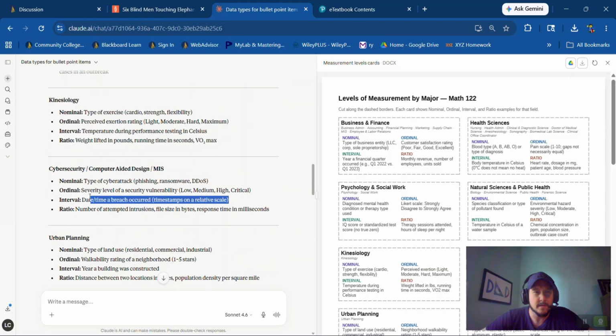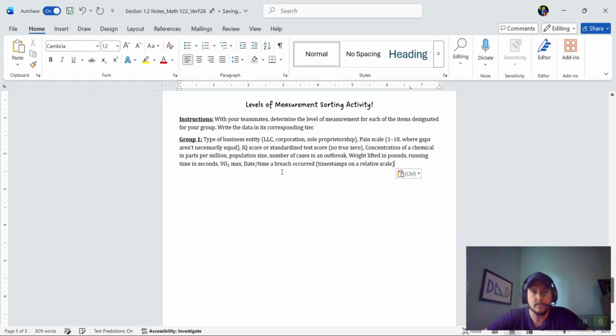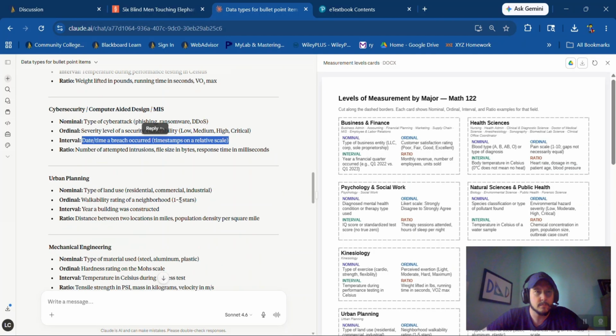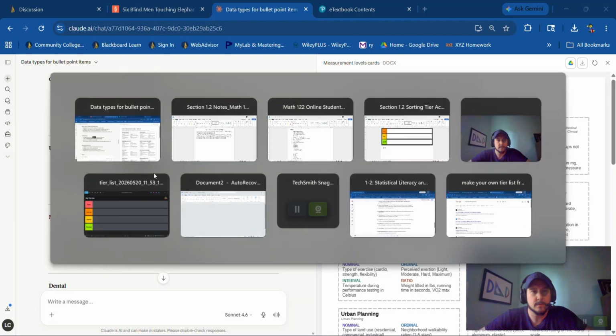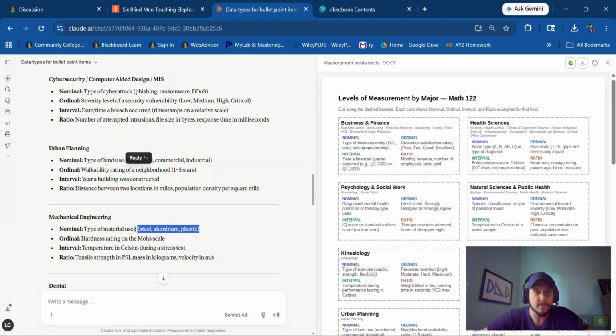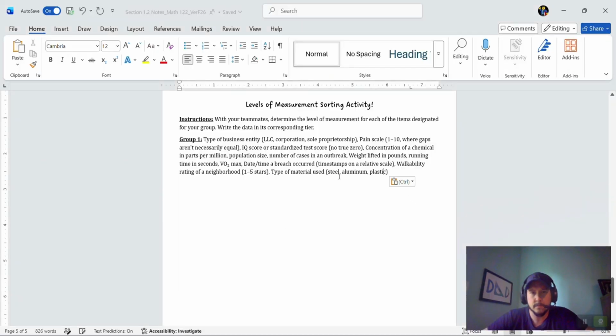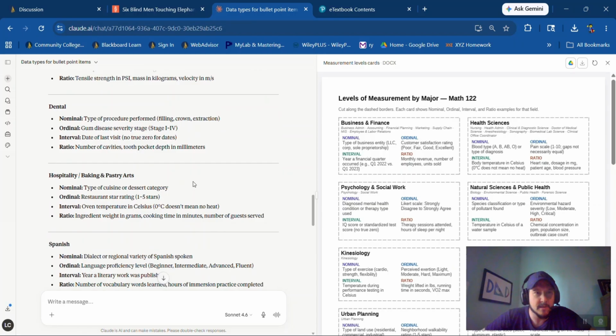And then interval. And ordinal. Then nominal. And we can continue on going in this way.